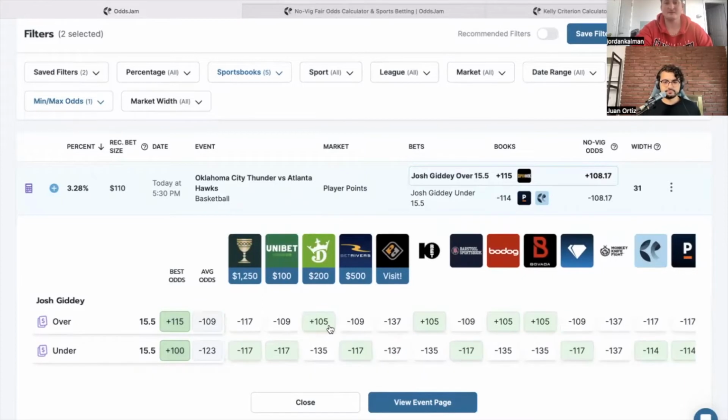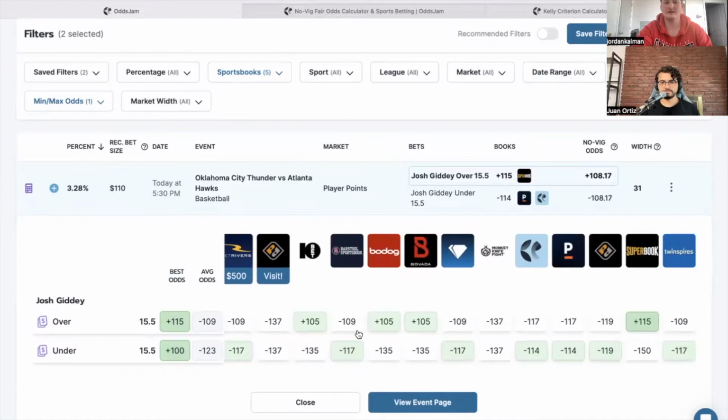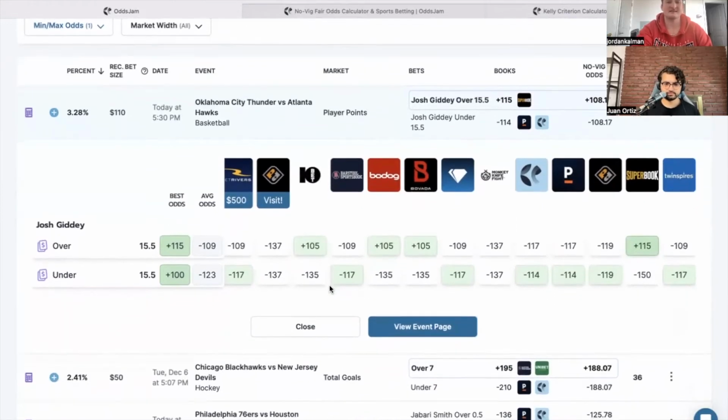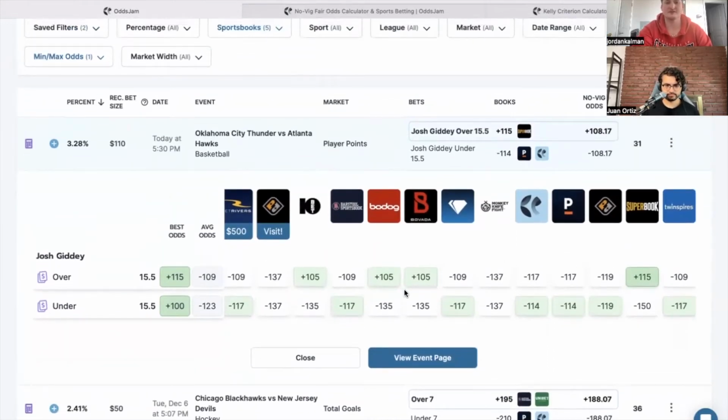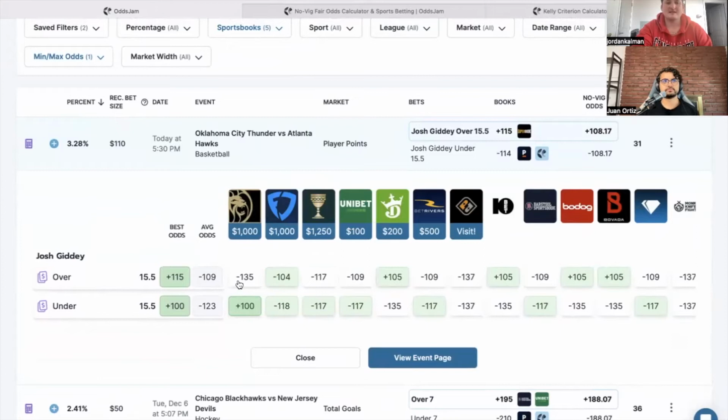This is how I've been doing it just about since I started. So this is how I feel comfortable doing it, and I've had a lot of success with it, so there was no reason to really change it. But we can use this top one as an example. As you can see, they're taking the average odds, which is minus 109. So they're taking MGM at minus 135, FanDuel at plus 104, and so on and so forth.